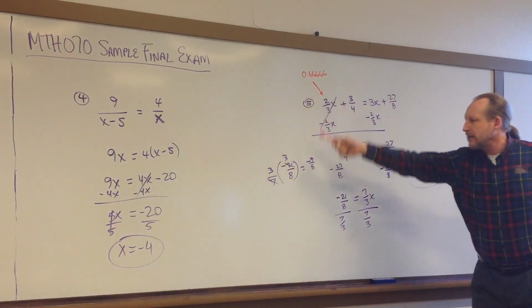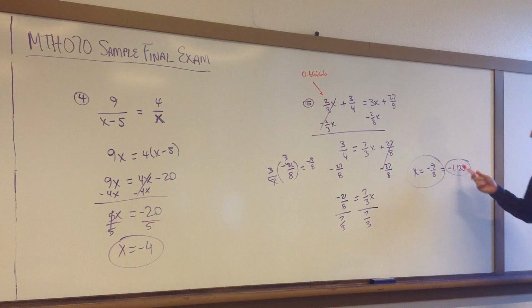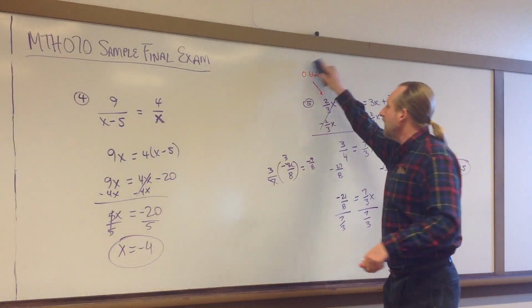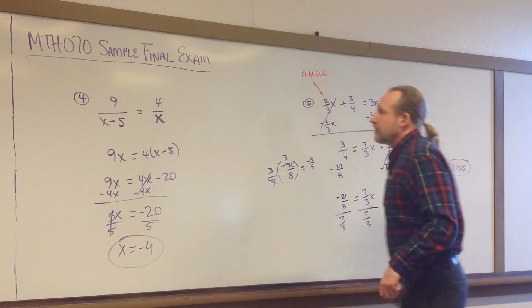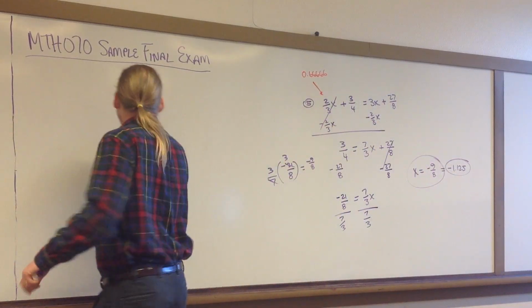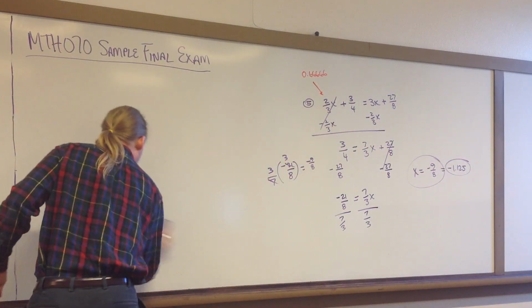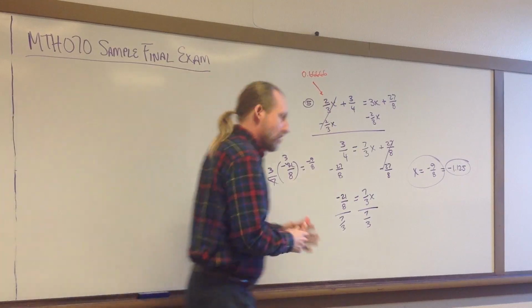And if you do that and you come down here at the end and you've got negative 1.124999999, be smart about it. Know that that's 125. It's not 1.249999, okay? All right, because if you're going to round this off, then you should round back at the end. All right, so there's the fractions problem.